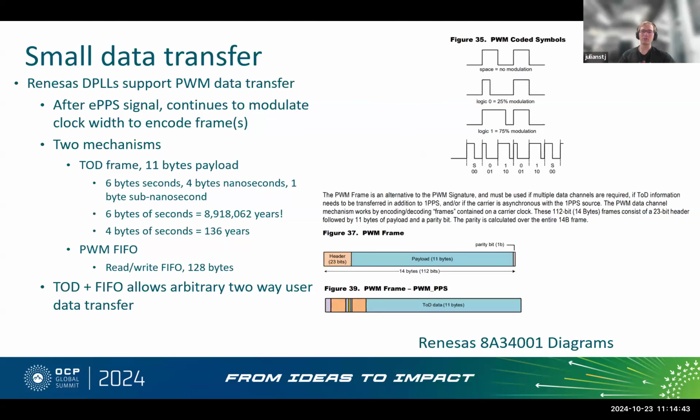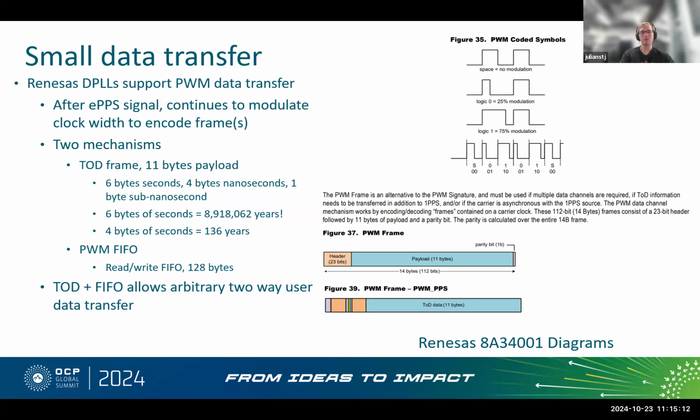And for small data transfer, this one might take a little bit to explain, but I wanted to get this on the record. This part is only necessary if you don't have an out of band network for DPLL over fiber. But if you want to do everything in band, let's say you want to be resilient to PTP spoofing or Ethernet man-in-the-middle attacks, then this closed DPLL network can support data transfer at a low bandwidth rate.